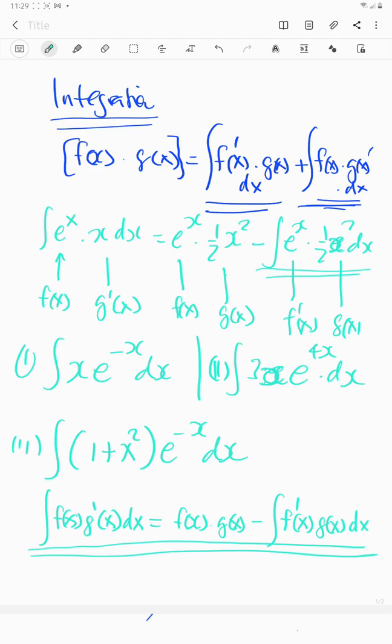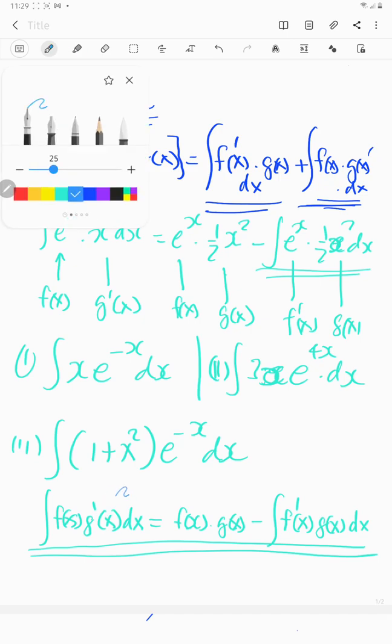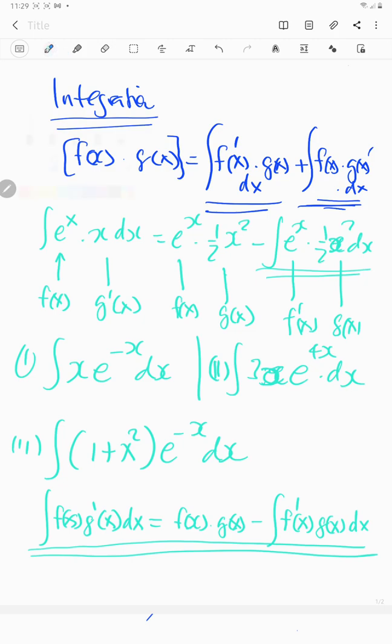Take note that if g'(x) is equal to any value here, it means that this is the marginal cost of that particular value.